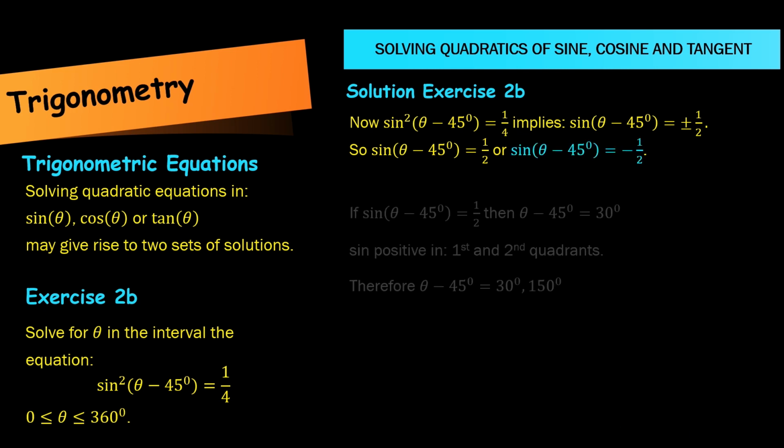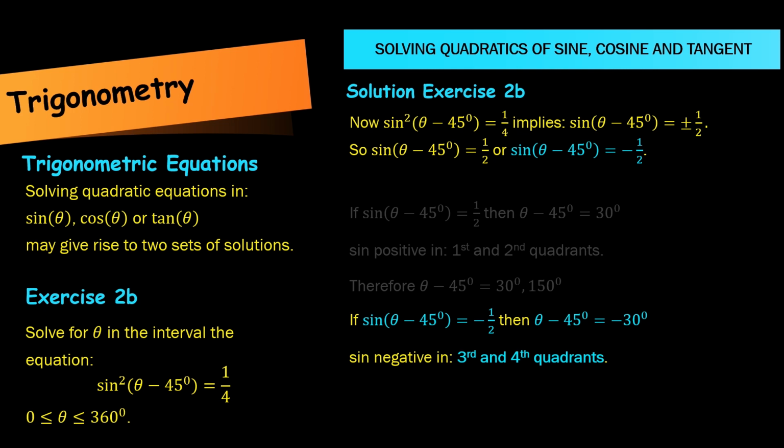Now let's find the other solutions. If sine of (theta minus 45 degrees) equals minus a half, then theta minus 45 degrees equals minus 30 degrees. And sine, remember, is negative in the third and fourth quadrants. We can see this from the CAST diagram.